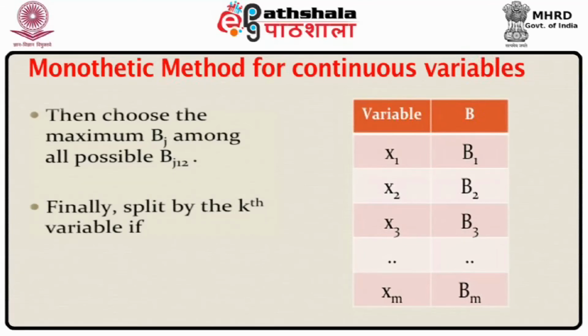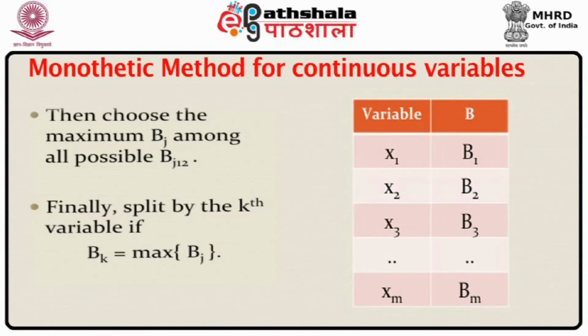Once we have got this table, what we next do is, we split on the basis of that variable which has the maximum Bj value. So if the third variable has the maximum Bj value, then at the first step we split the single cluster into two clusters on the basis of x3 alone. This is how we go about doing the monothetic method.